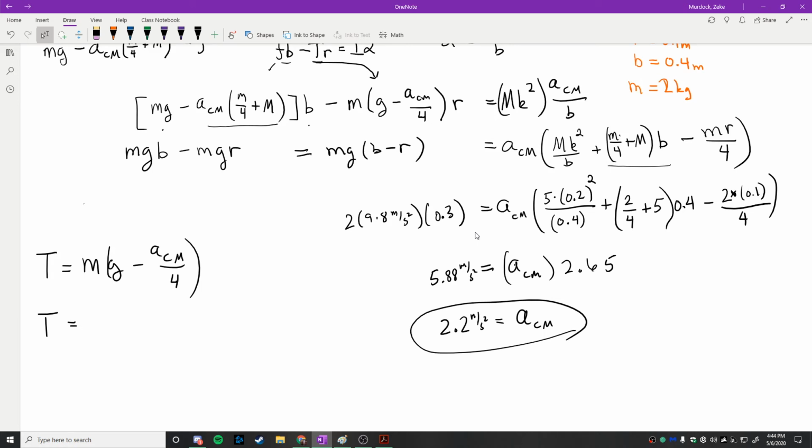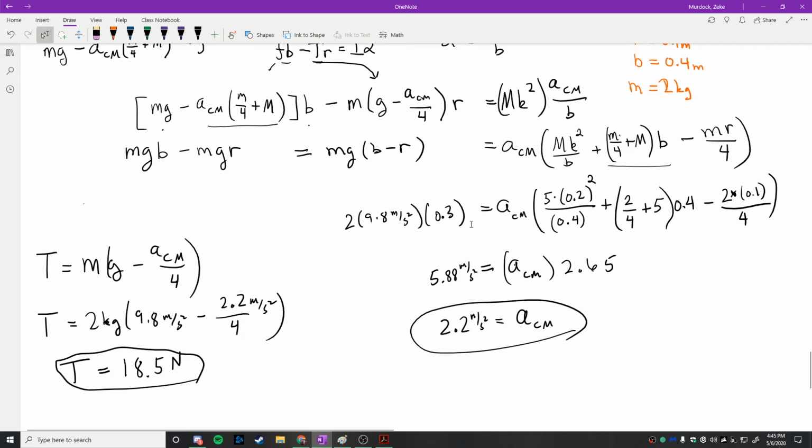Little m was 2 kilograms times 9.8 minus 2.2 divided by 4. And Jesus, this problem is so long. So this is 9.8 minus 2.2 divided by 4 times 2. You get 18.5 newtons.